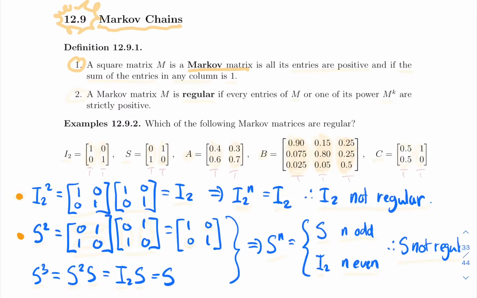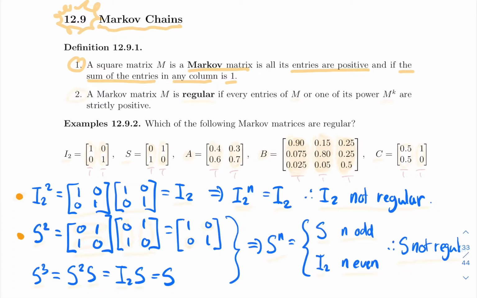A Markov matrix is a matrix where all entries are positive and such that if you sum up the entries in any column, you always get 1.